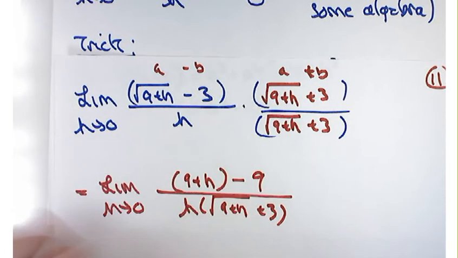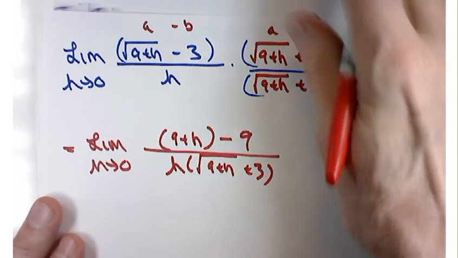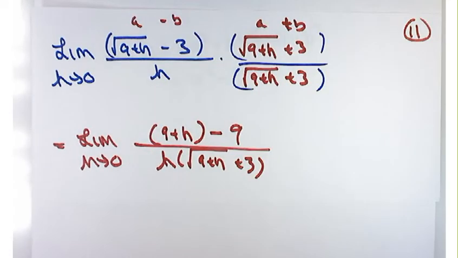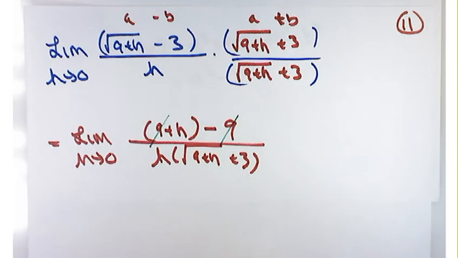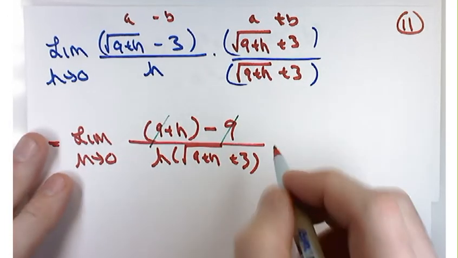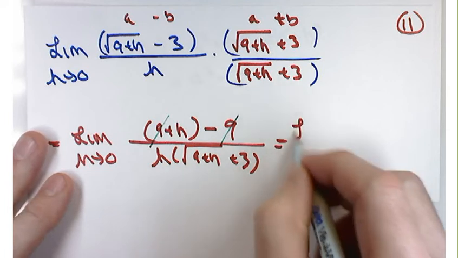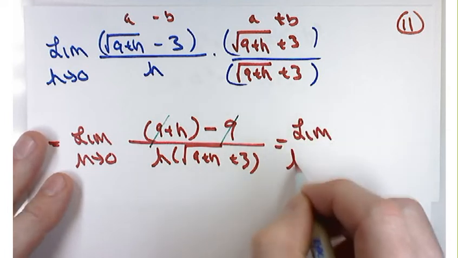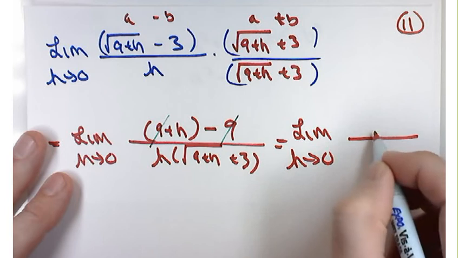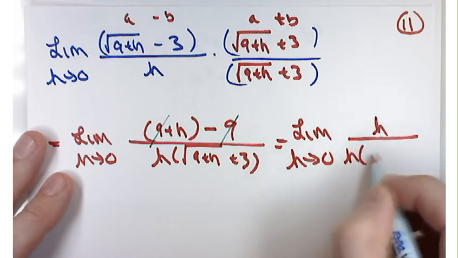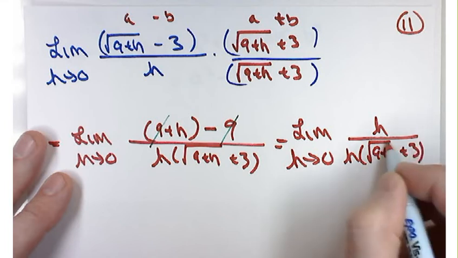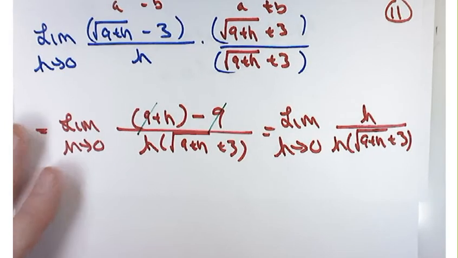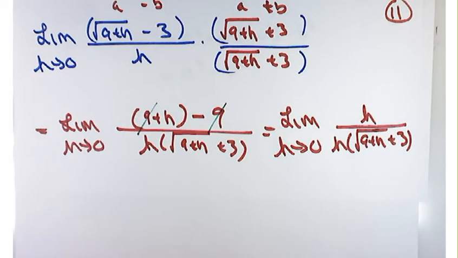That wasn't a trick question. 9. Yeah, there we go. So you get the 9. And as before, you see, oh, you get some cancellation here. And the thing that really gets your problem rolling comes right here. h over h times the square root of 9 plus h plus 3. Is in this step right here.